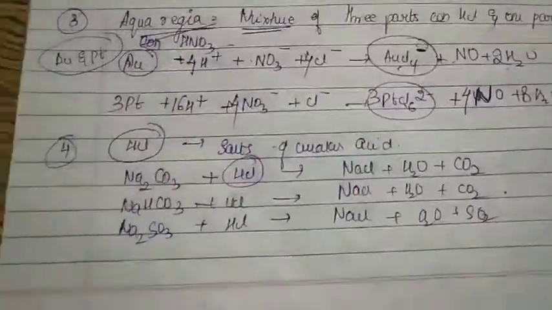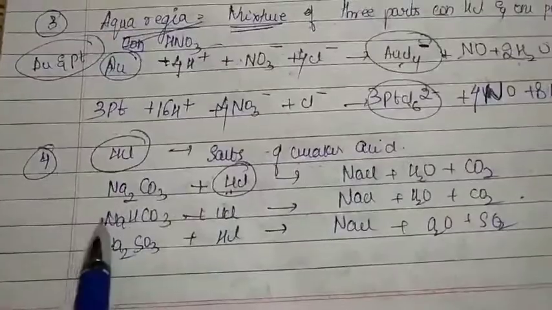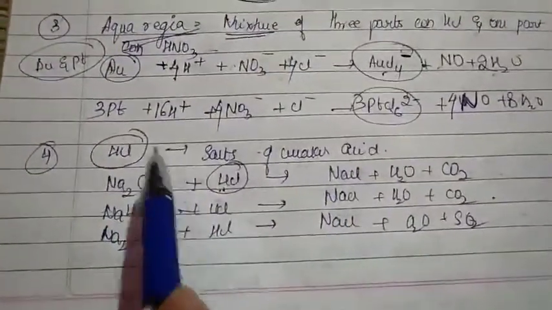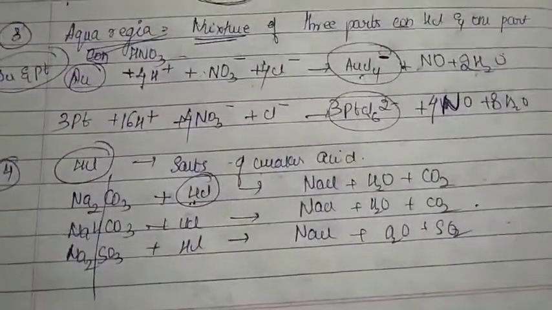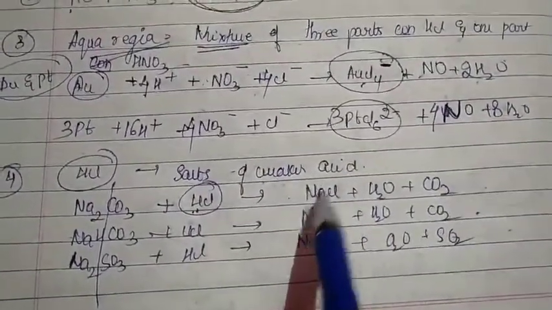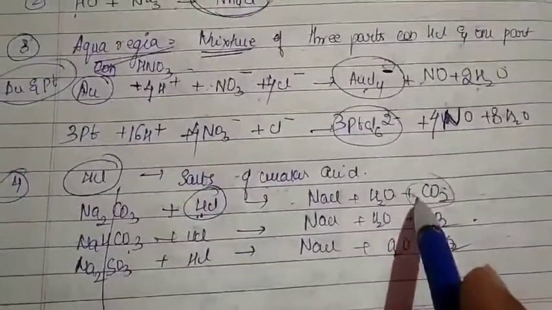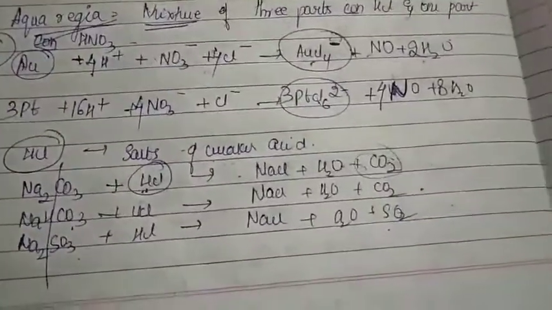So in all these cases, what you're noticing is, whenever you treat your HCl with salts of the weaker acid, HCl has the capacity to break, decompose these salts to form the respective sodium chloride, water and the respective gas. Carbonate gives carbon dioxide gas, sulfite gives sulfur dioxide gas.